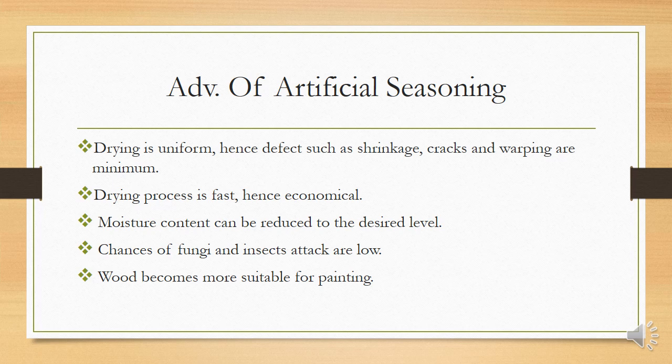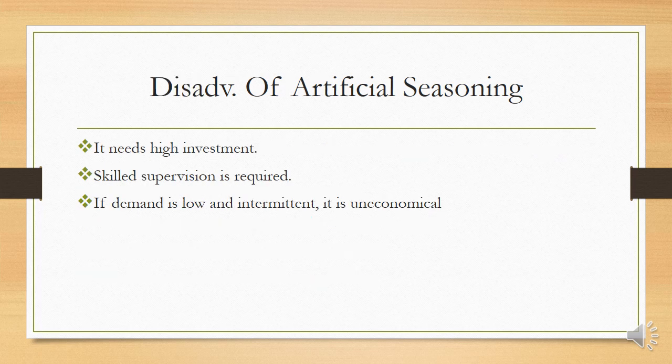Fungi and insect attacks are reduced, and the wood becomes suitable for painting and for gluing. Defects such as cracks and warping are avoided, and others. You can add more. Those are the disadvantages: there is high investment, skilled supervision is required, and it is uneconomic.